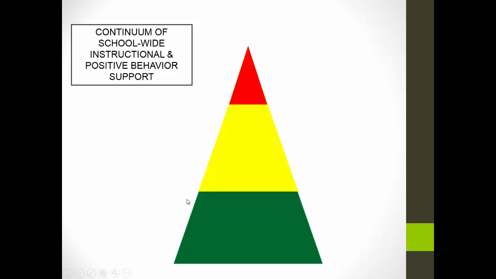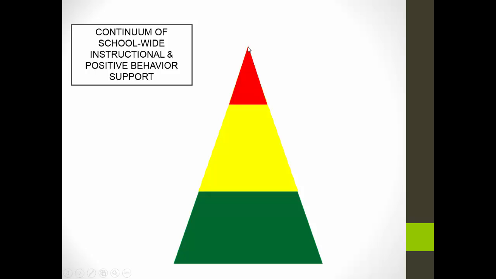So this triangle is one of my favorites for just sort of capturing why Tier 1 and Tier 2 support are so critically important. If you look at this triangle, this red is way too big and this yellow is way too big. If we've got that many students requiring intensive individual support, our system is going to be completely overwhelmed. And it's going to be really hard to implement interventions in this context because it looks like a chaotic, not very predictable environment in the classroom and the school.